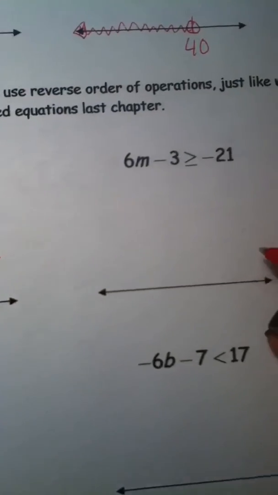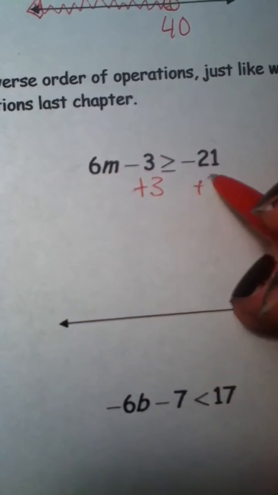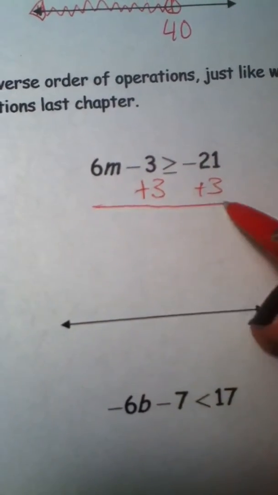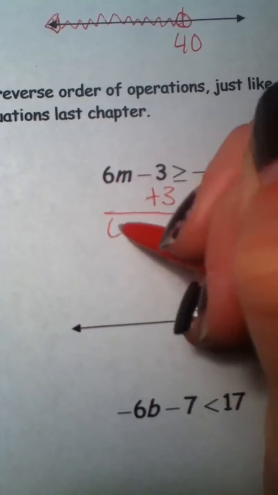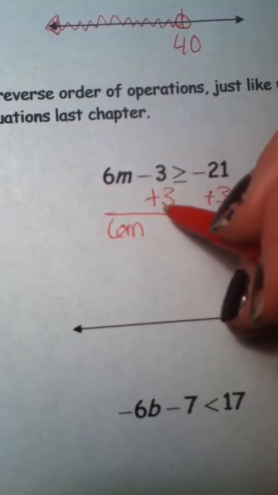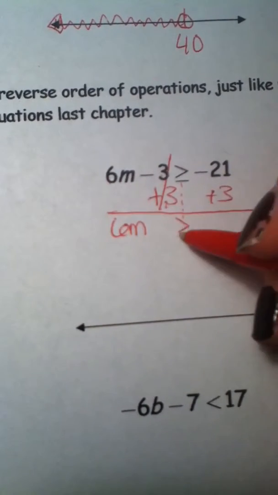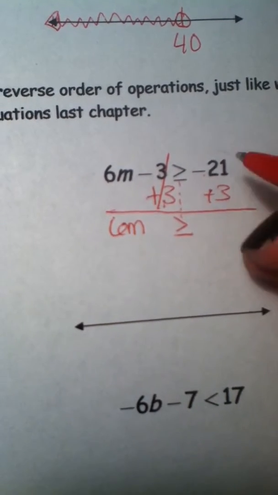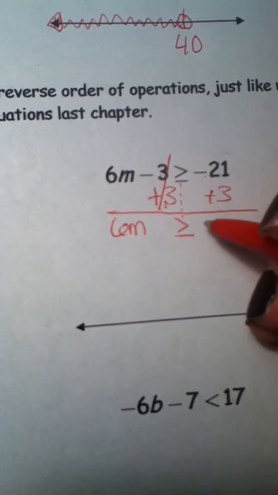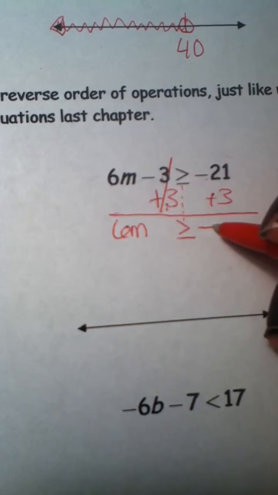So if I go back over here, we want to add 3 to both sides, opposite operations. Now, 6m is left on this side. A negative 3 and positive 3 becomes 0. I'm going to carry down my sign. Negative 21 plus 3. Careful with your negatives. So we have a negative 18.